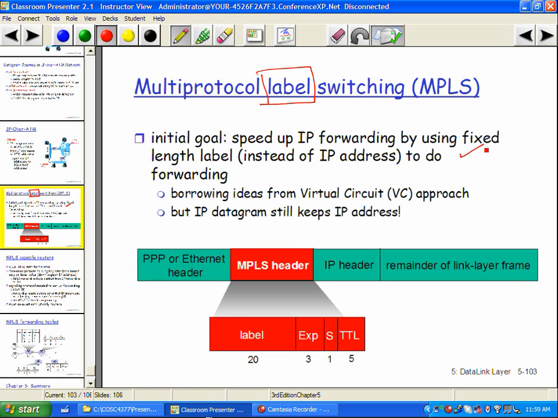So let's try to speed this up. This is an MPLS structure, and you still have the IP header, but in addition, you have a label. A packet, in addition to its IP address, has A, B, C in the label field.